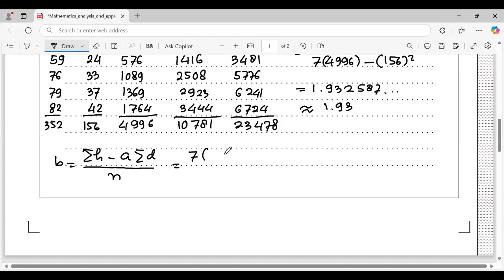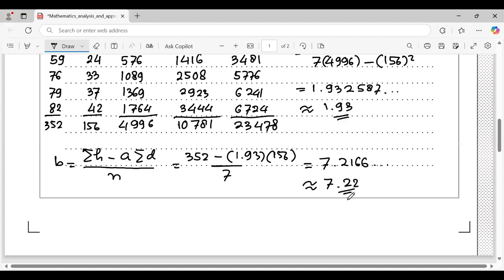That is 352 minus 1.93 times sigma D, which is 156, all over 7. And if you calculate, the result is 7.2166, rounded off 7.22. So this is A and this one B.